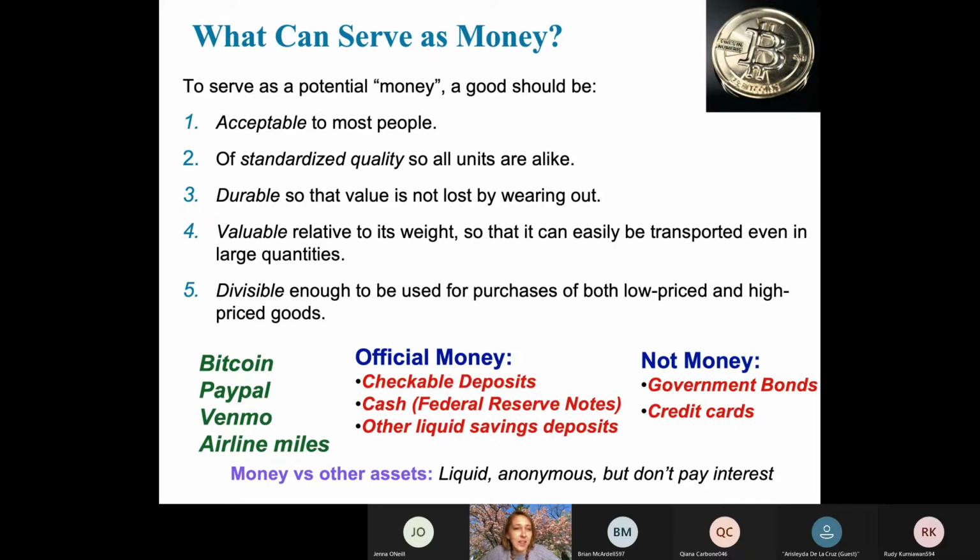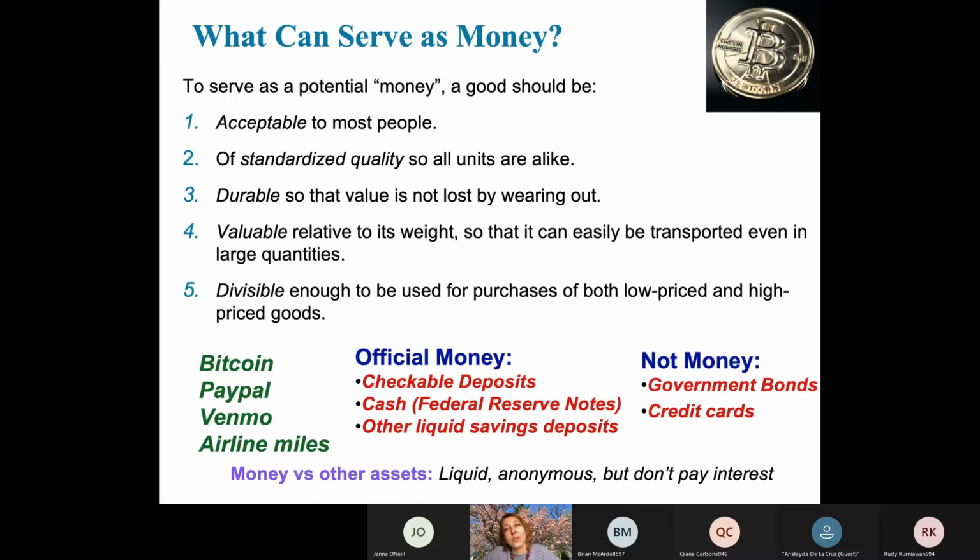So another thing that should happen is that they need to be of standardized quality, so they all need to look alike. So all Bitcoins look alike, right? They sort of do. They don't even have a physical shape. Okay, so the object should be durable so that the value is not lost by wearing out or by getting perished.